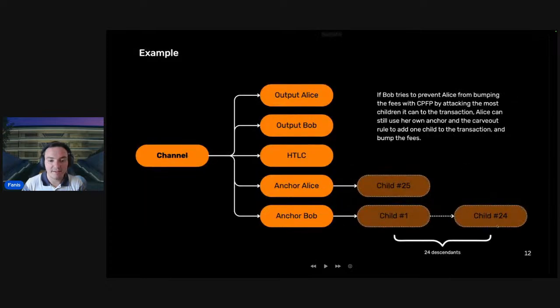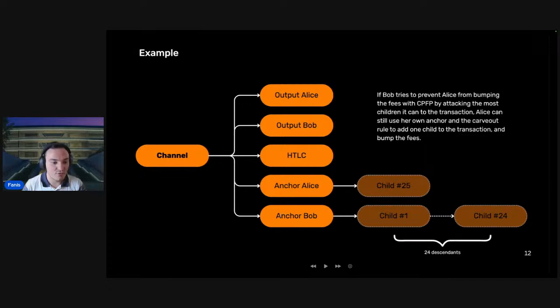And in that case, if Bob was to add yet another child to his chain of children, this additional child would have 24 unconfirmed ancestors. So Bob cannot add the 25th descendant to the transaction.